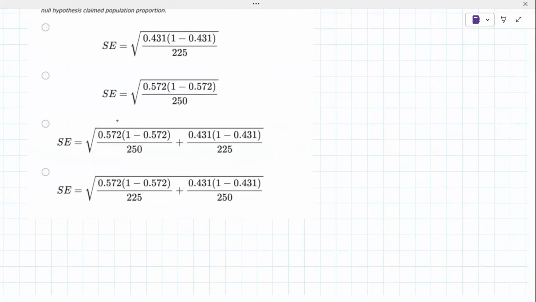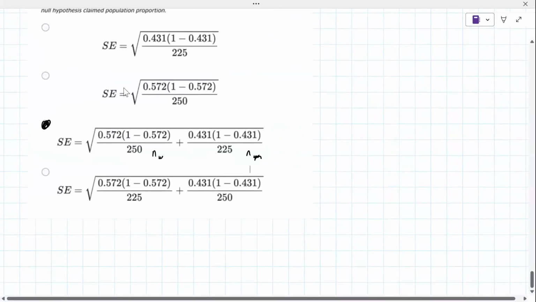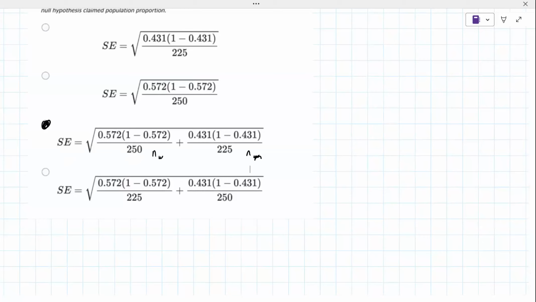So this third one here has the right sampling for women and then for men, along with the correct values. SE, is that sampling SE? This is the standard error. The N is the number of things sampled. Yeah, it's just the standard name they give to the error of the estimate for a confidence interval.